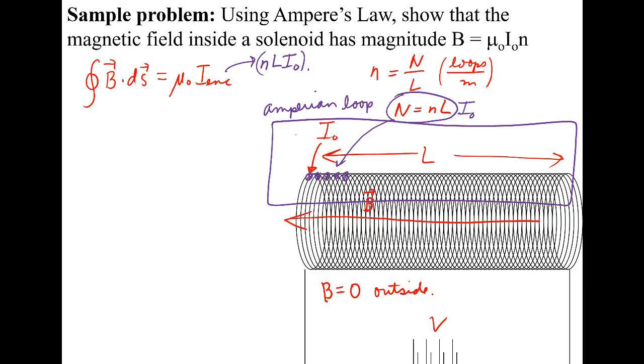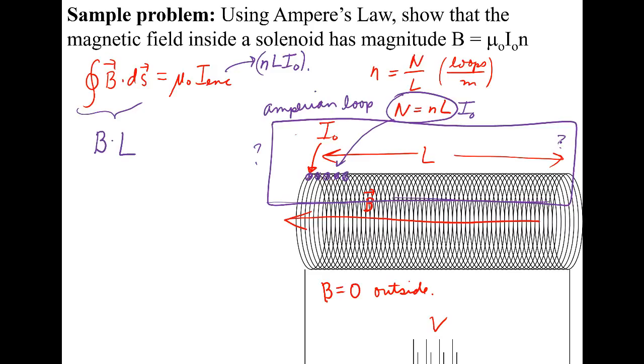So now we think about our loop. When we travel all along the loop, the only time that we pick up our line integral is when we're inside of the solenoid. And so the entire line integral of B dot ds can be boiled down to B times L, the long axis of the loop. So think about this. Even though we have 4 sides to this loop, we don't even know what this side is and this side is.